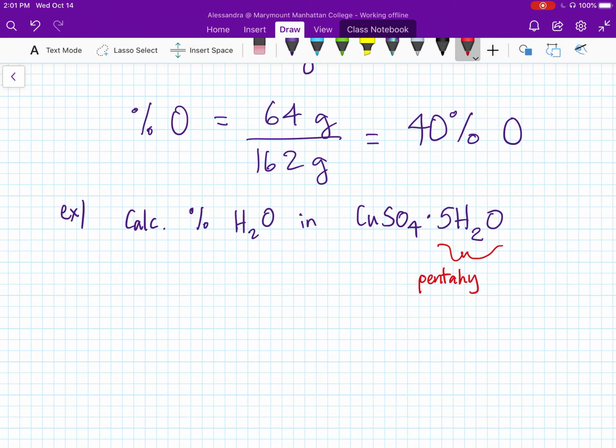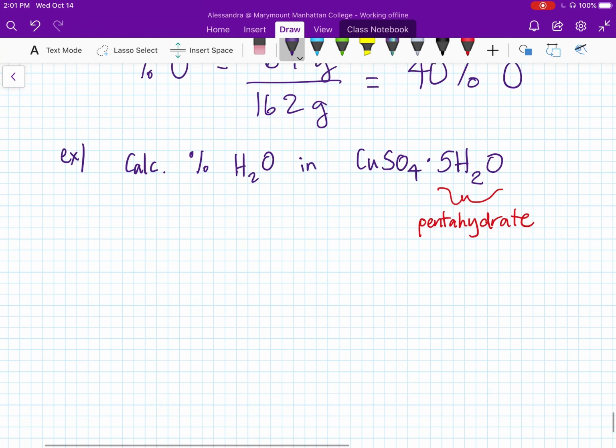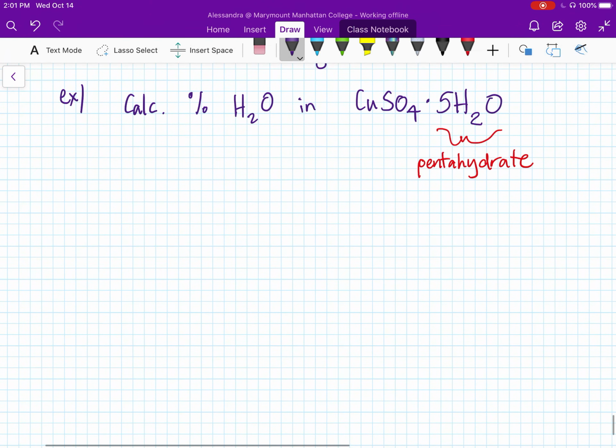It's a hydrated salt. We call this pentahydrate because there are 5 water molecules within the structure of the ionic compound. So in order to do this, first let's figure out the molar mass of copper 2 sulfate pentahydrate, the whole thing.